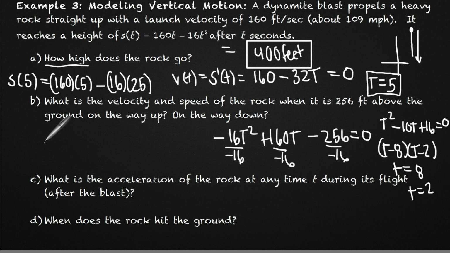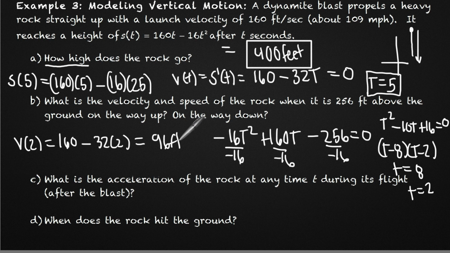And so that's going to give us V of 2 is equal to 160 minus 32 times 2. So that's going to be 160 minus 64. That's going to be 96 feet per second. And then V of 8 is going to be 160 minus 32 times 8.